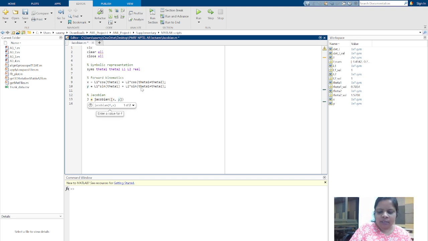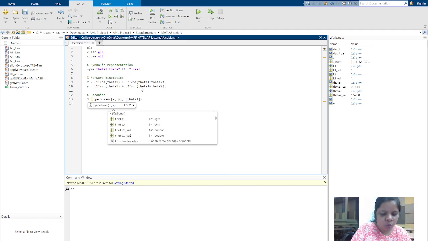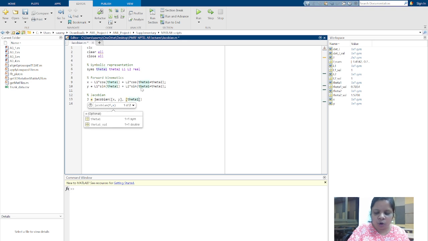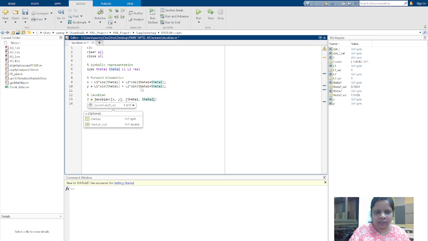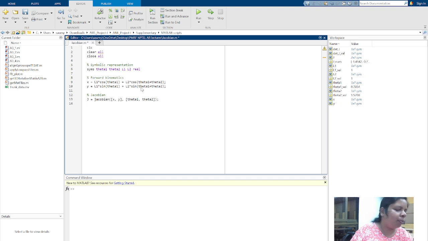Then you put a comma, open the square brackets again, and write the variables with respect to which you want to differentiate. That is theta 1 and theta 2, right? From here you directly get the Jacobian matrix. We won't do anything else. We'll just display it.